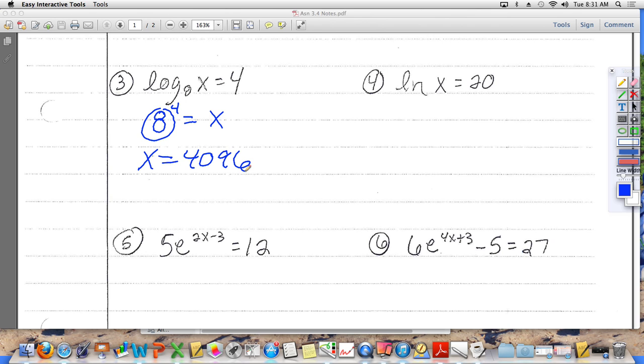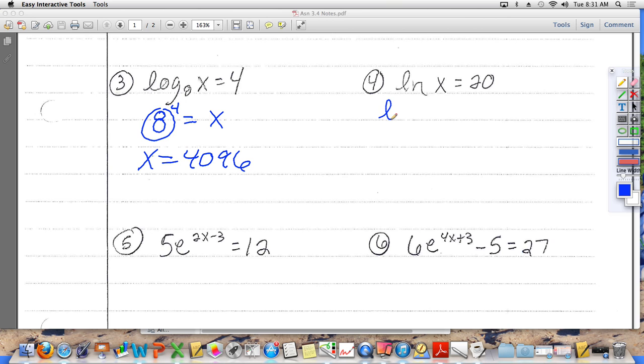ln of x is equal to 20. Now, if this had said ln of 20 equals x, that would be easy. You could just type in ln of 20 and get an answer. But here we have the ln of some number is equal to 20. So what I'm going to do with that natural log is change it so that it has a base value. What is ln the same thing as? Log base e.